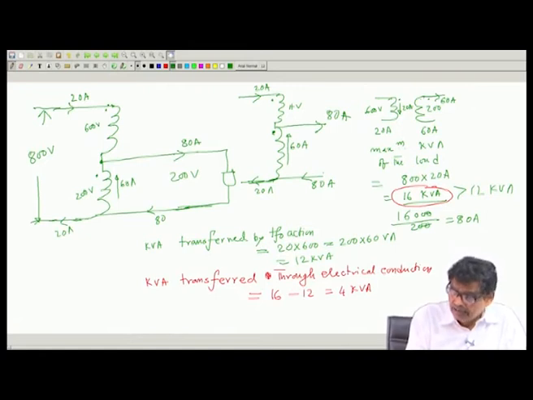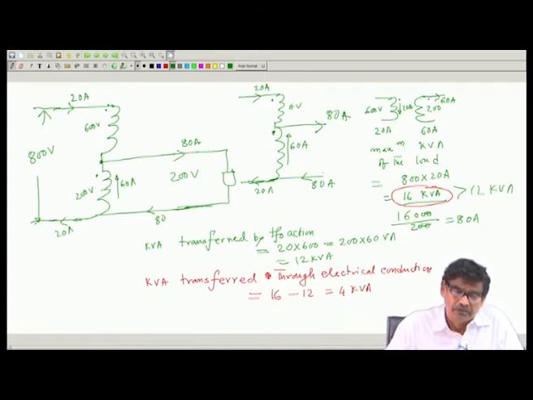And we have also seen another interesting feature. For the numerical example we considered a 12 kVA two winding transformer, and apparently it looks very surprising that the kVA handled by this connection is much more than the kVA rating of the two winding transformer.